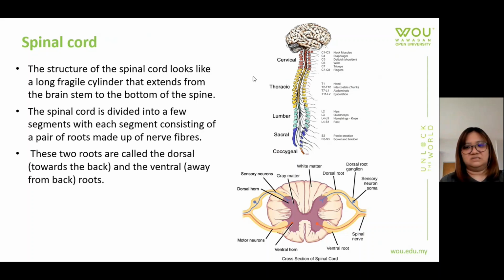From the second picture on your right hand side, you can see the dorsal horn and the ventral roots, dorsal roots and ventral roots. This is where the nerves come in and go out, responsible for sending and outputting messages.